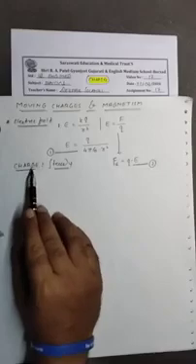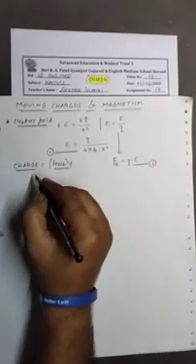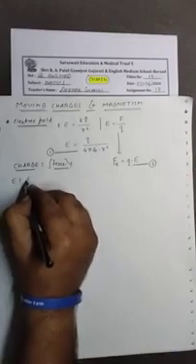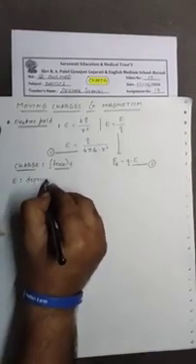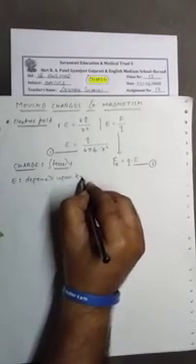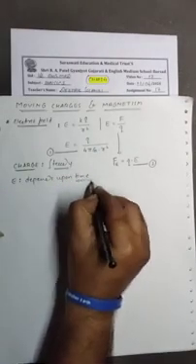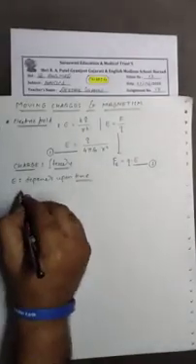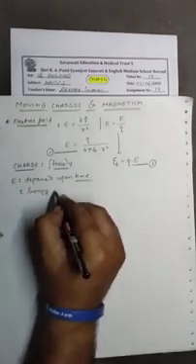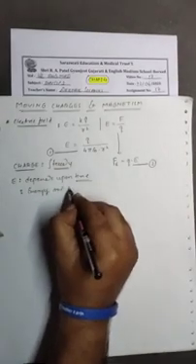Okay? And this electric field is not instantaneous. Means electric field produced by the steady charge depends upon time. Okay, this electric field consists of energy and momentum.